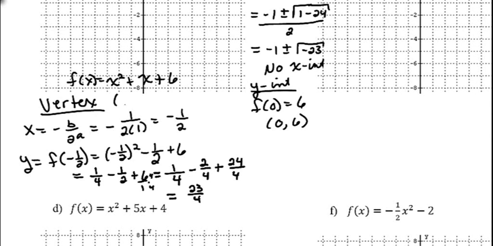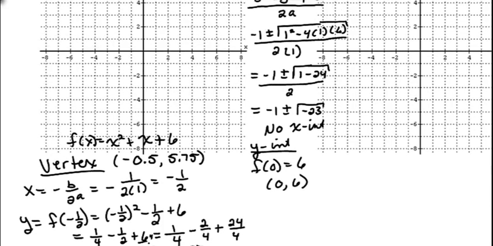So our vertex is at the point negative 1/2. Or we'll do this in decimal form. Sometimes that's a little bit more meaningful. So that's negative 0.5, and then 23/4 as a decimal is 5 3/4, so that would be 5.75.